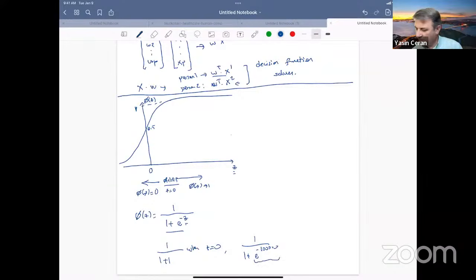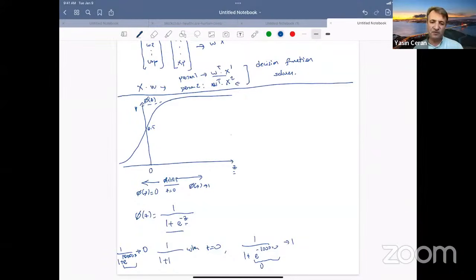That e to the power of a very big negative number is almost 0, so this term is going to be closer to 1. And when z is a very big negative number, e to the power of negative z will be a huge number, so phi of z approaches 0.